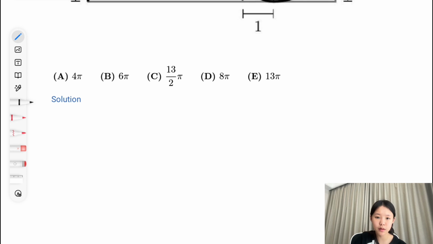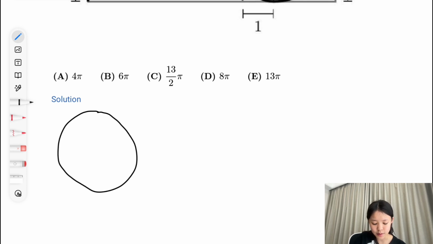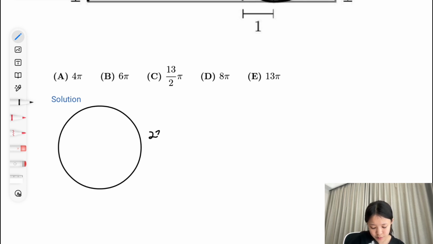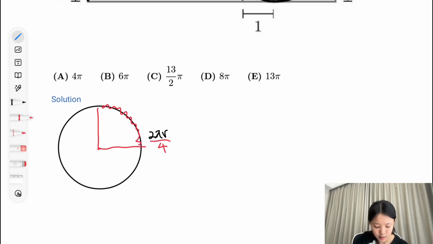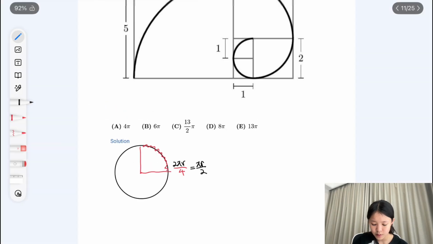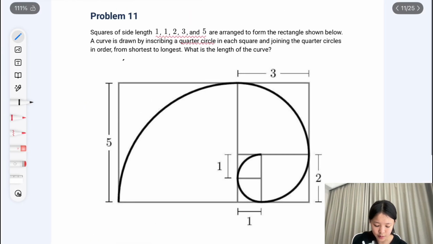So we know that the circumference of a circle is 2 pi r, and this is for the full circle. But we only want to find a quarter of it, so we only want to find this part. But what we can do here is just divide it by 4, and then very easily you can simplify it to pi r divided by 2. We keep that in mind when we're calculating these. We write it here like pi r divided by 2.